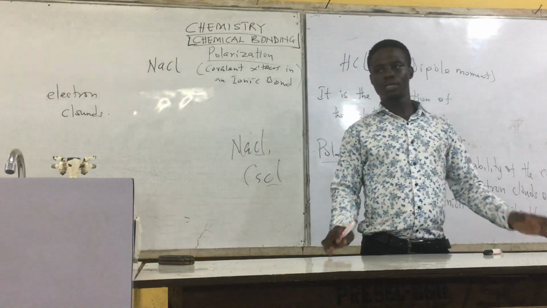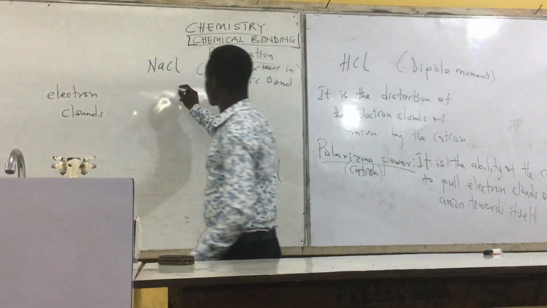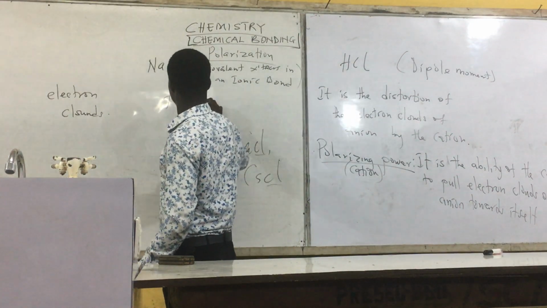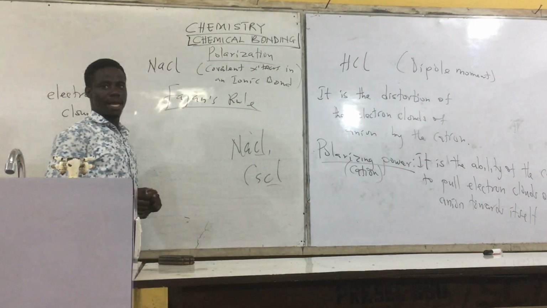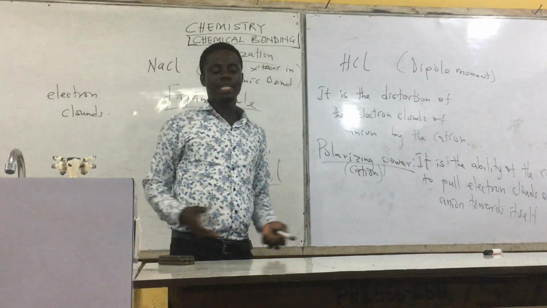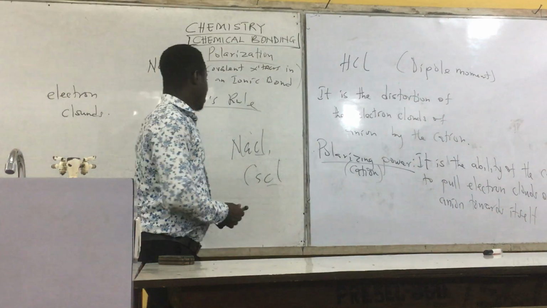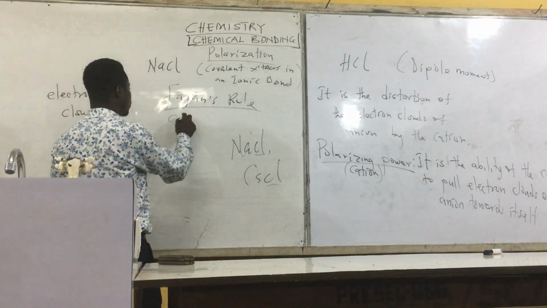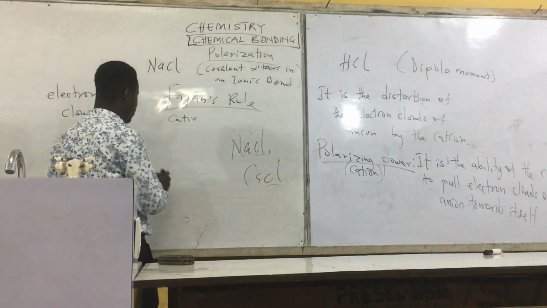The rule we are going to learn is Fajans' rule. What Fajans is saying is that for polarization to occur, the cation should be smaller in size and the anion should be bigger in size.